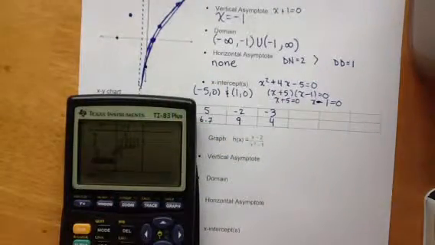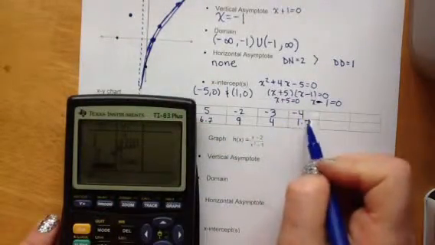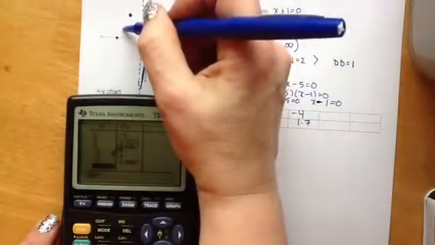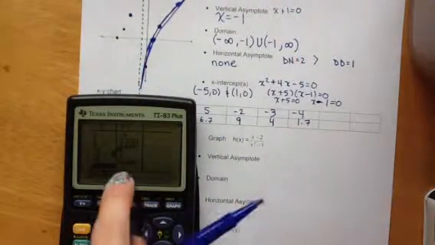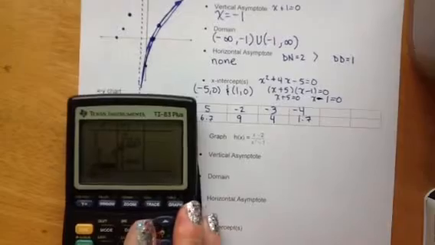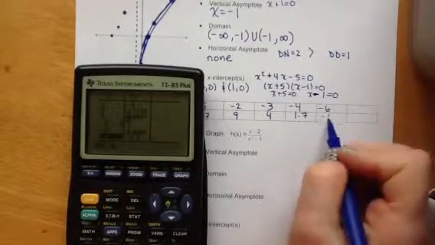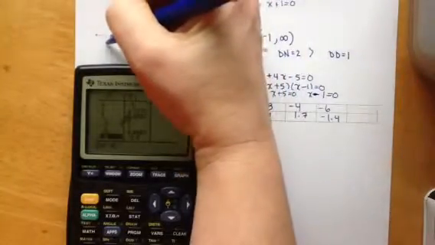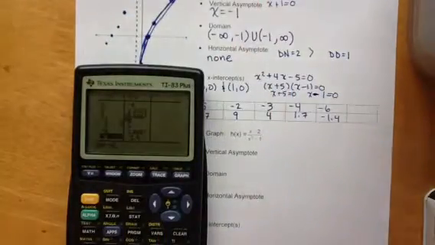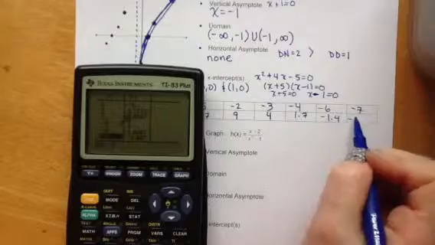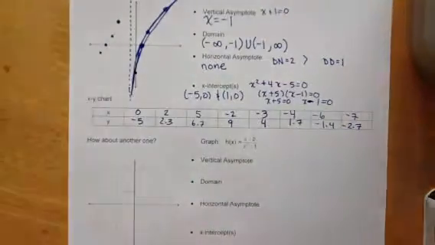At -4, 1.7. If I put -5 in there, I'll get 0 out, which is good because that's where my x-intercept is. How about -6? -1.4, and just for good measure, -7, -2.7.